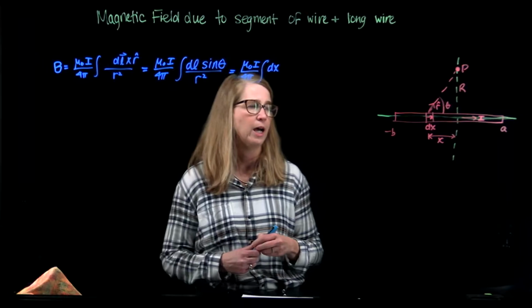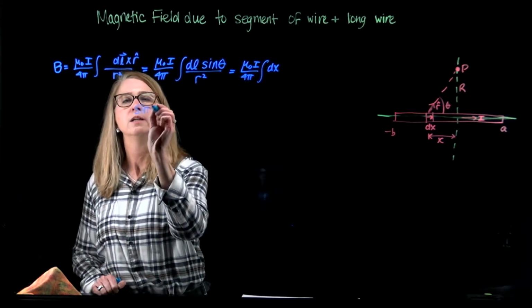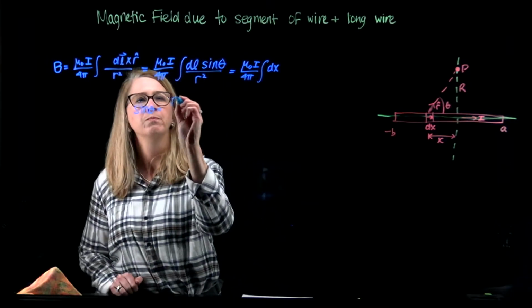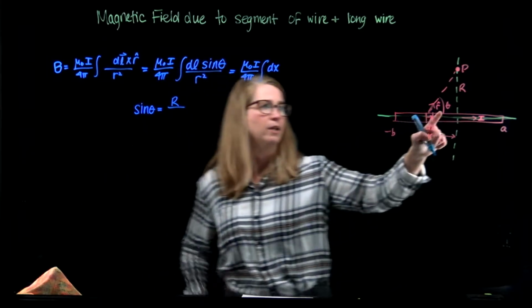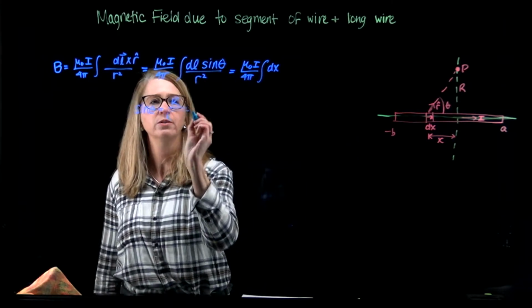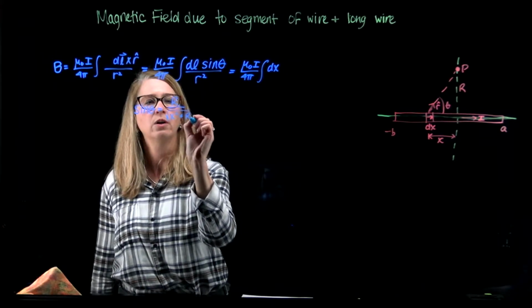So let's think about how I would write first the sine of theta. The sine of theta is the opposite side over the hypotenuse. The opposite side to the angle theta is this distance big R. The hypotenuse is the little r, which is just the square root of x squared plus R squared.